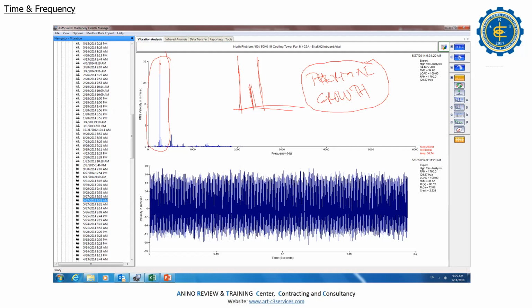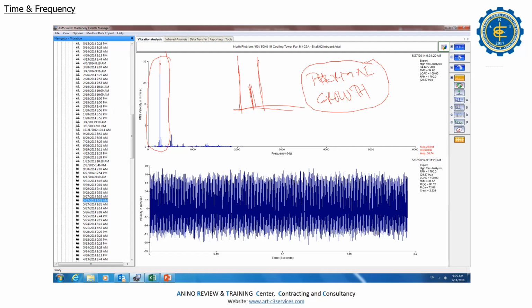Yeah, that's right. And sometimes we support the reliability engineers to find the root cause analysis of the equipment. Because we are the ones who collect data and we know the spectrum, we are the ones to report what happened to the equipment.